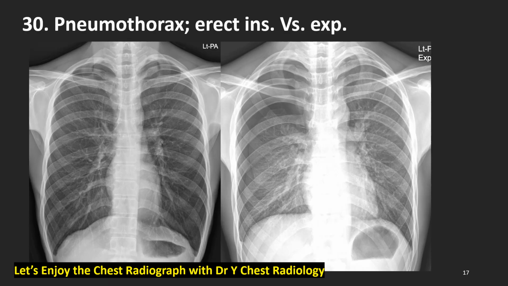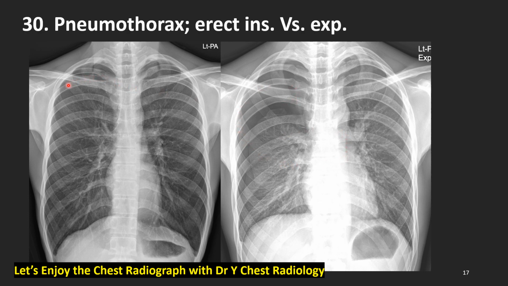From now on, we will enjoy the cases which are affected by gravity direction. So the AP supine view finding is different from the PA erect view findings. First case is pneumothorax. We are familiar with inspiration film and expiration film of a right side pneumothorax.